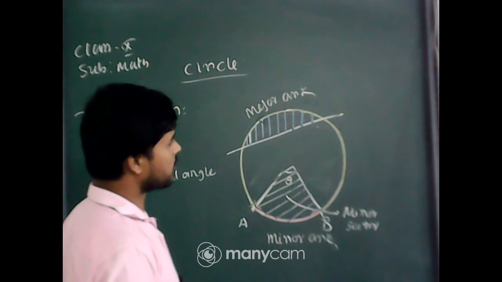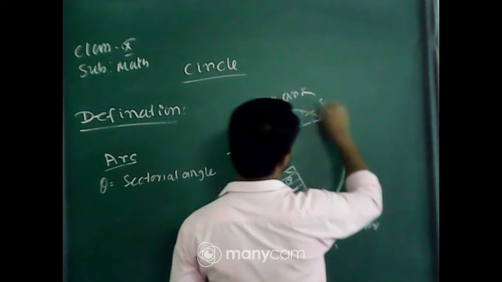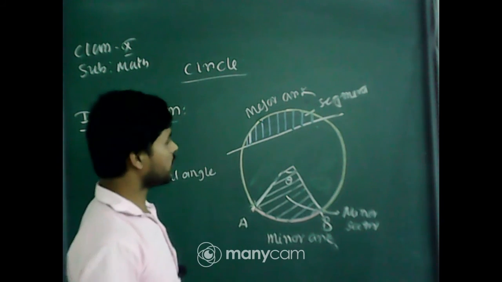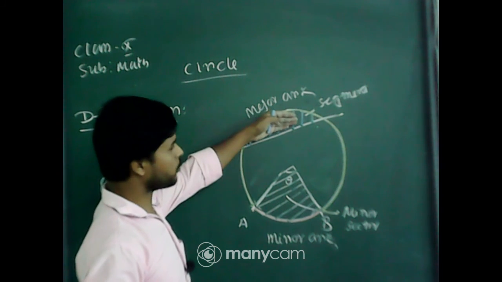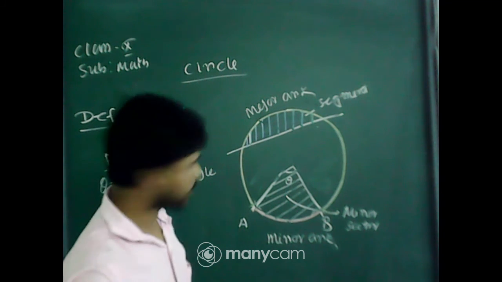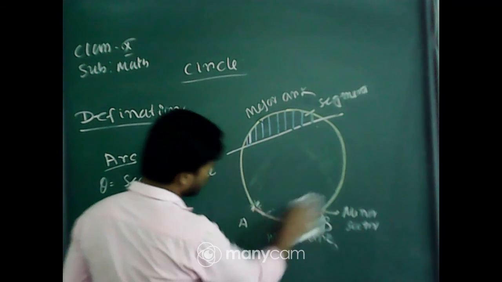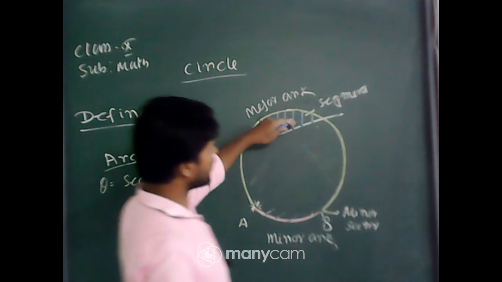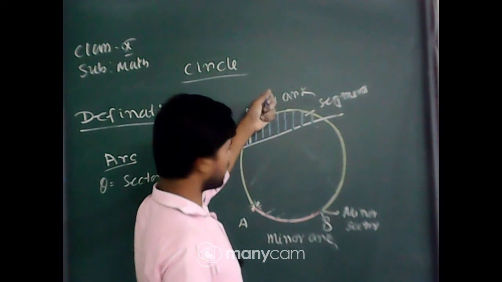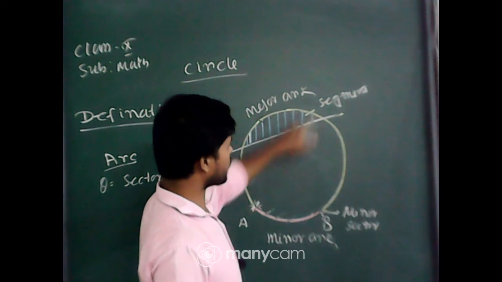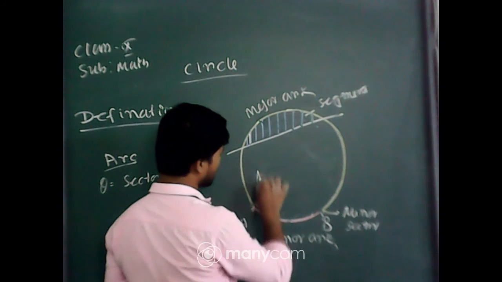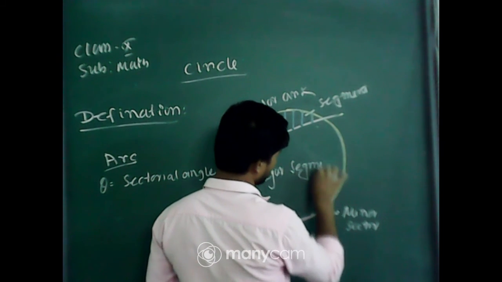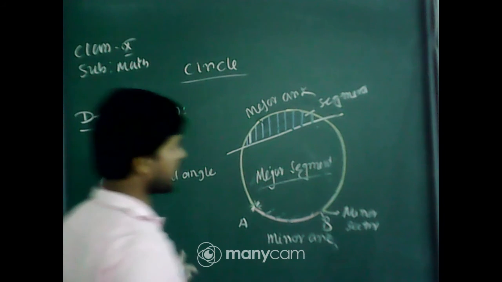Yes, this is called a segment of a circle. Now you can see there are two segments. One I have shaded in blue chalk, and the other is the remaining part, not shaded by any color. This is the minor segment because its area is smaller than the other, and this is the major segment. So minor segment and major segment.